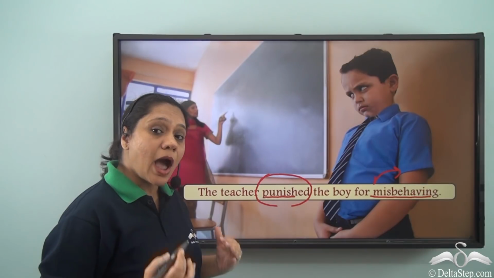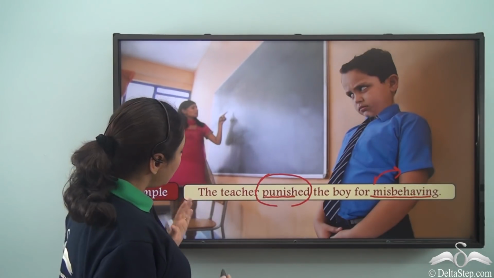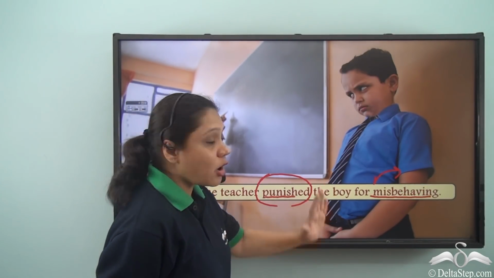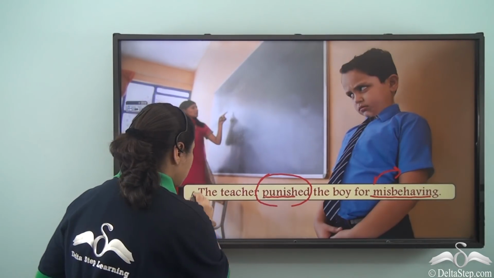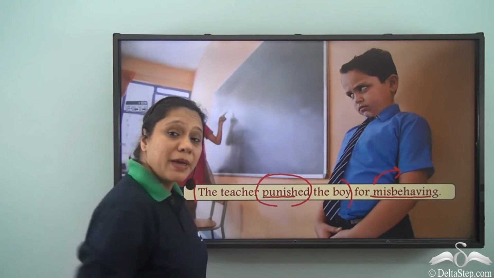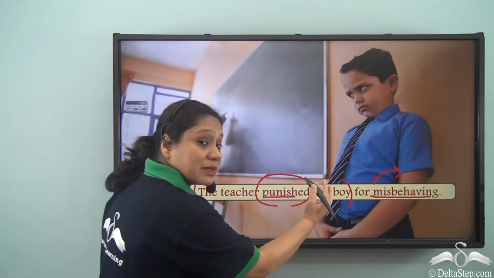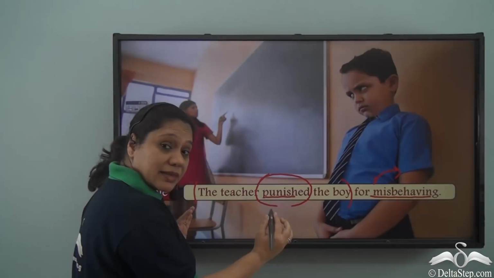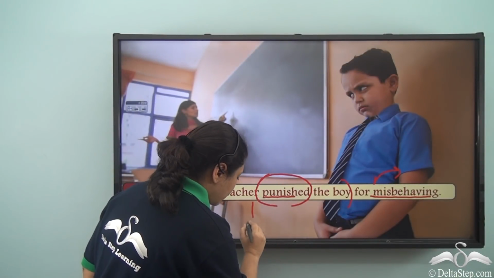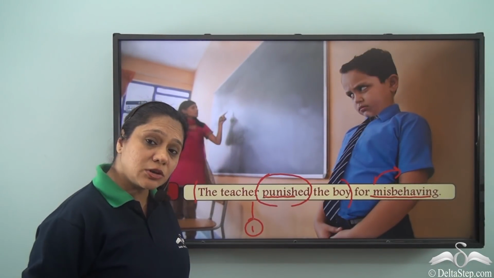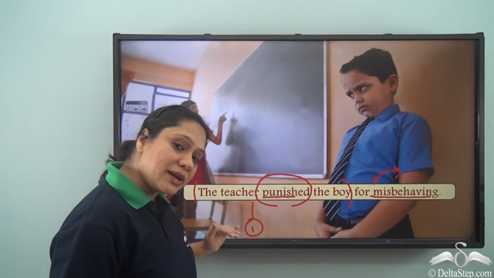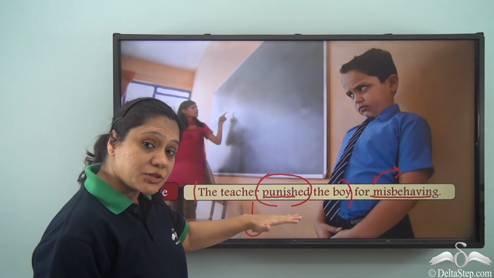So, let us see how we will do it. Now, the teacher punished the boy. This part of the sentence makes complete sense and can stand on its own. So, we will keep this part as it is, and this will be our first independent clause. Now, this clause already has the finite verb punished.